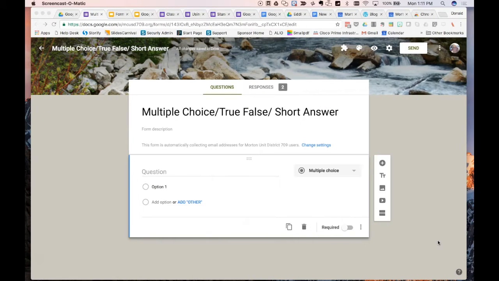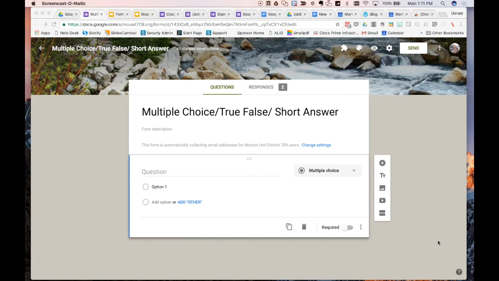The first option here that we're going to talk about really is more for that summative, and to be quite honest, I think this is maybe going to be the one that I focus on being the summative aspect. You can use this for formative, but it is simply the multiple choice, true, false, short answer.